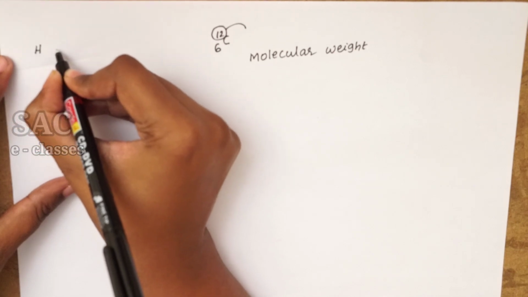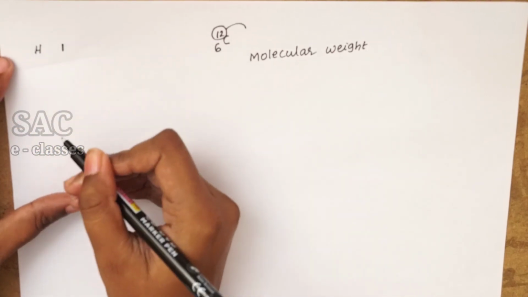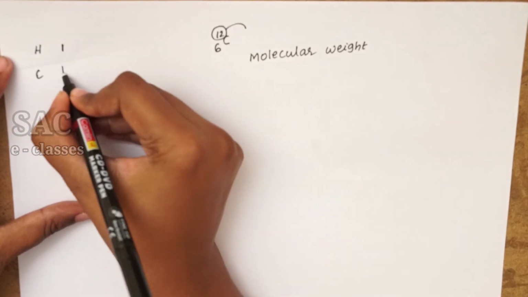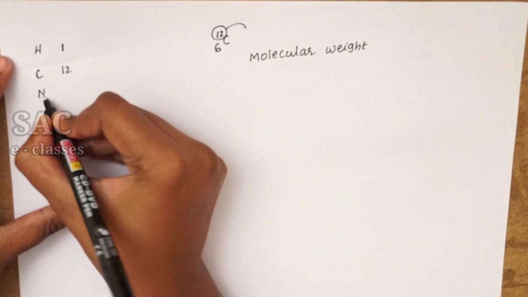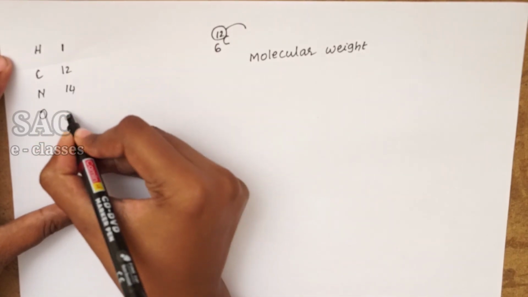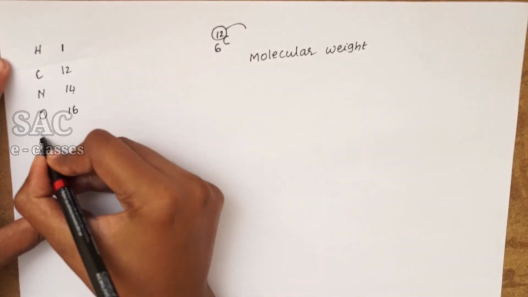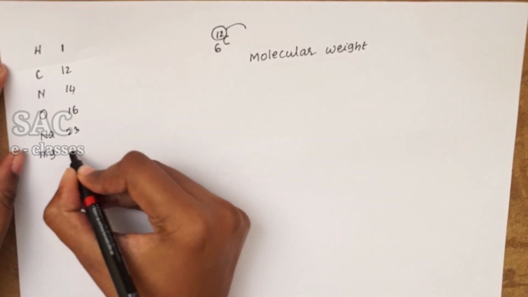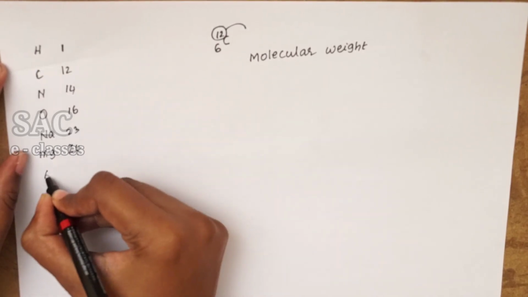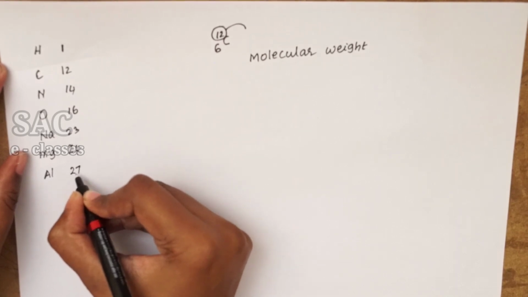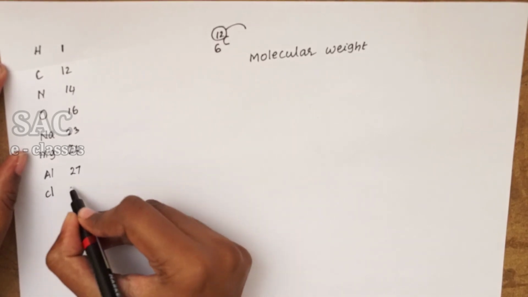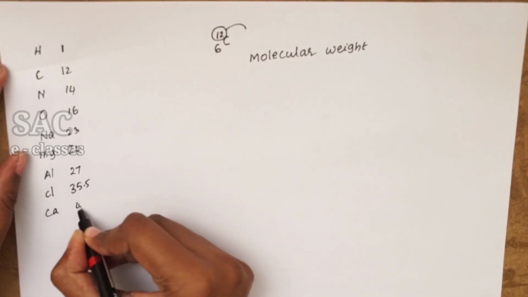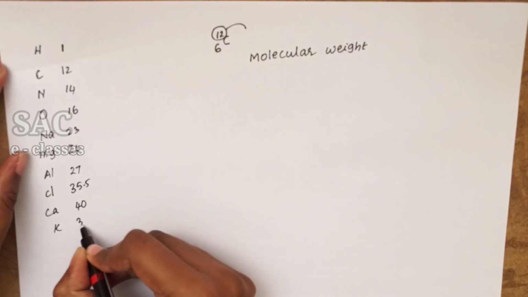Here I am listing some atomic weights of some atoms like hydrogen, carbon, nitrogen, oxygen, sodium, magnesium, aluminium, chlorine, calcium, potassium.